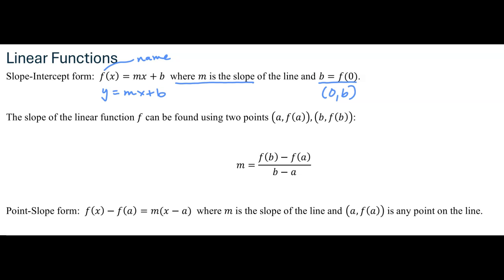So this is the same as saying that b is the y-intercept, because you should translate that in your head to the y value that we get when x is 0. The 0 in the parentheses is your x value. F of that will give you the y value, so b is your y value. When x is 0, y is b. Okay, so lots of kind of confusing talk there, but that's the idea, for you to recognize what this means.